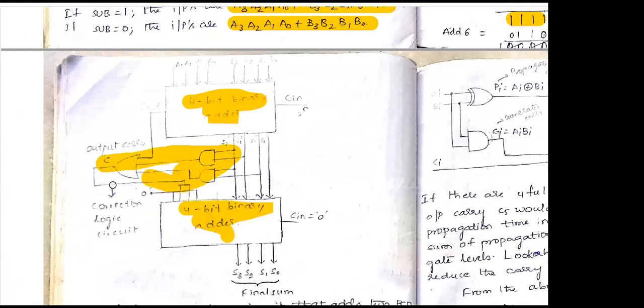What I am highlighting, the OR gate and AND gates, is called the correction logic circuit. This circuit will perform the BCD addition.